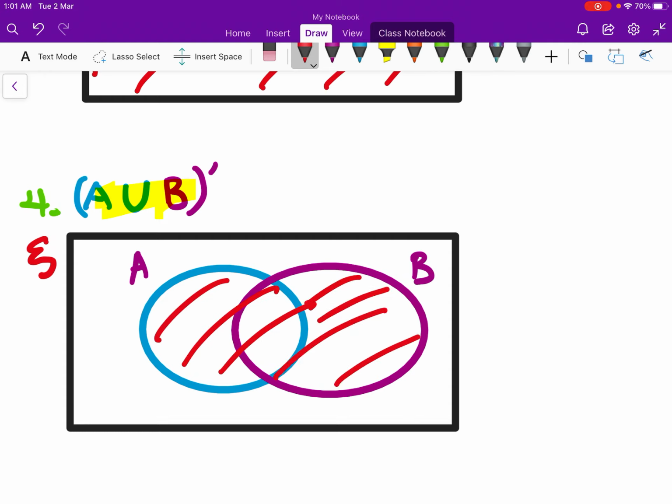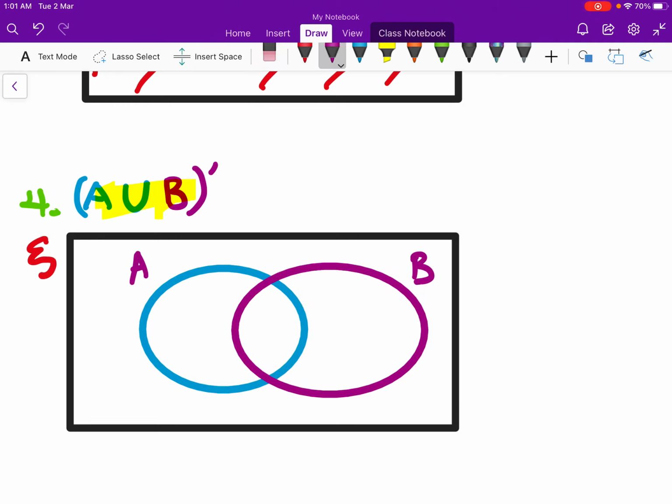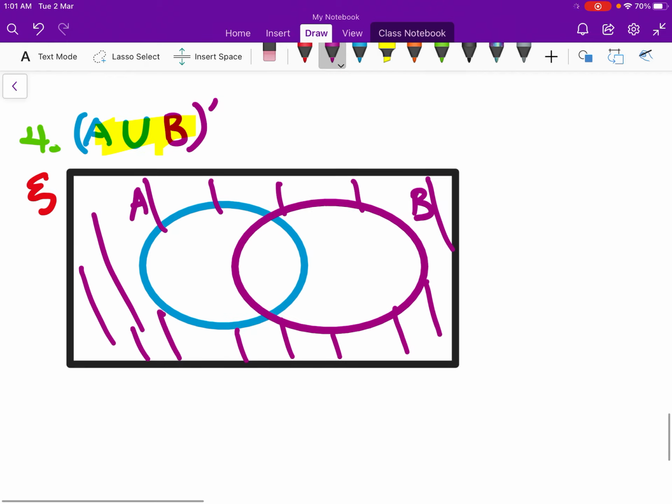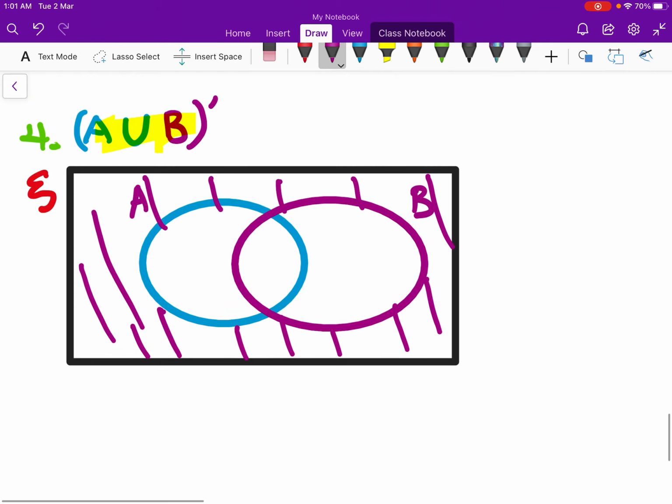This is my A union B. Now bracket complement, so I don't want the red color shaded part. I only want everything beside the red color, so it's here. Just shade everything else. This is how you do example 4.